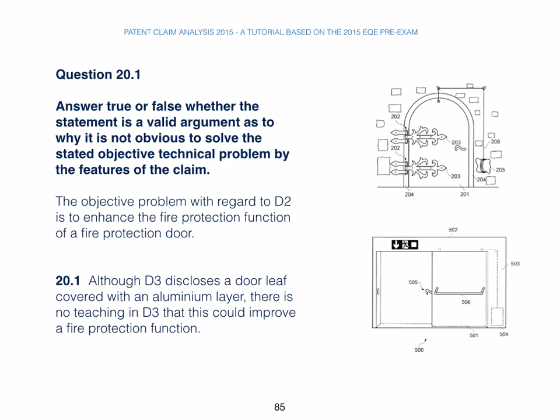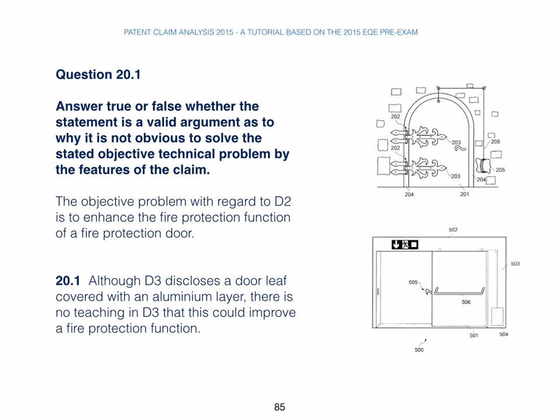What does D3 have to say about fire protection? So make up your mind and say whether or not this is a valid argument why it is not obvious to solve the technical problem by the features of the claim.